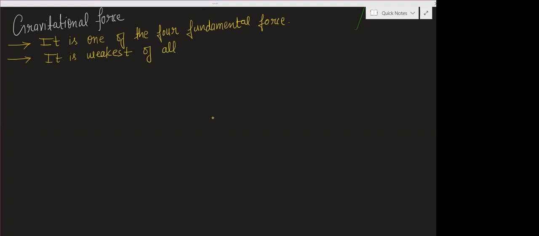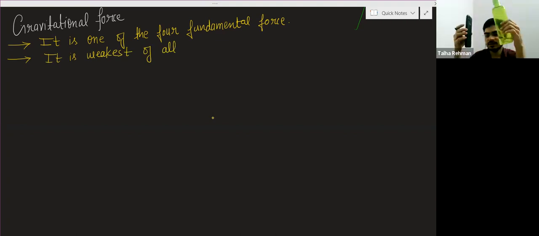I have given the example of why it is weakest. For example, suppose this is a magnet and this is a pen made of iron.